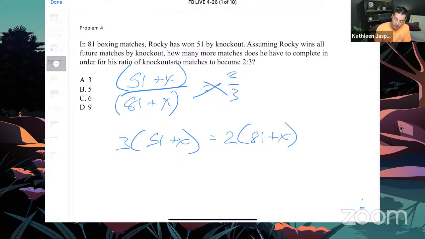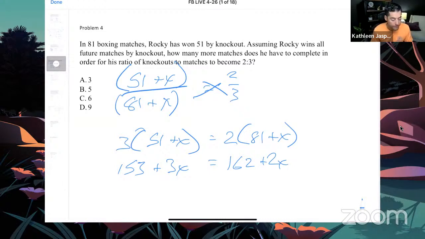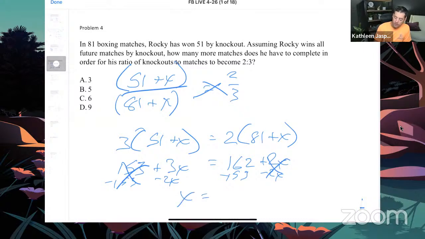As I distribute, this is going to be 153 plus 3x is equal to 162 plus 2x. Now solve for x, bring the small to the big. I'm going to subtract 2x here and subtract 153 here. Gone, gone. I get x is equal to 9.